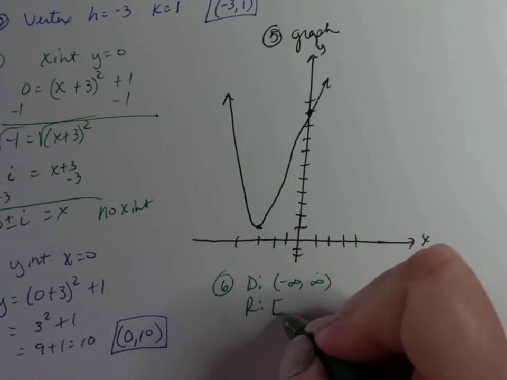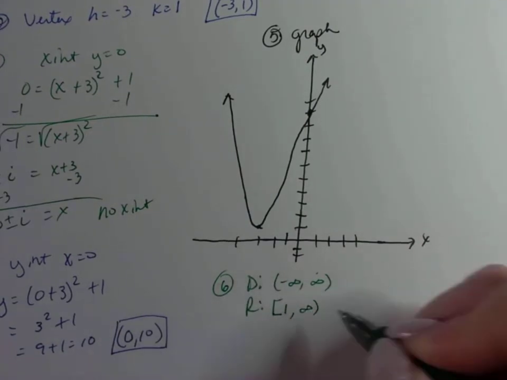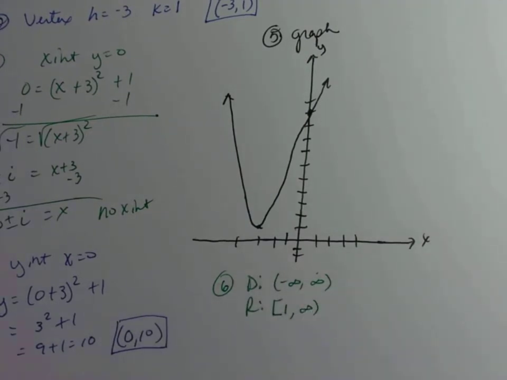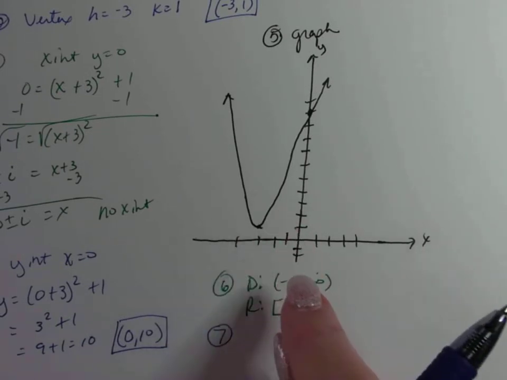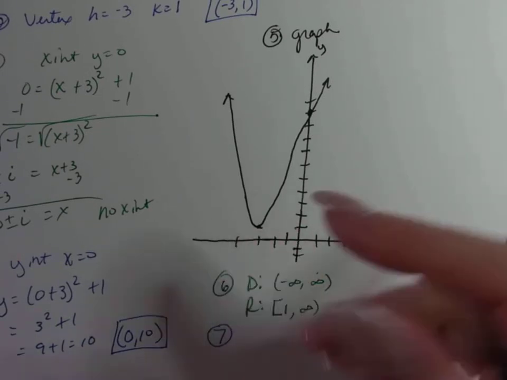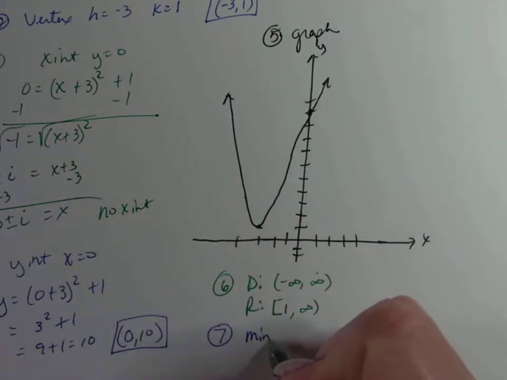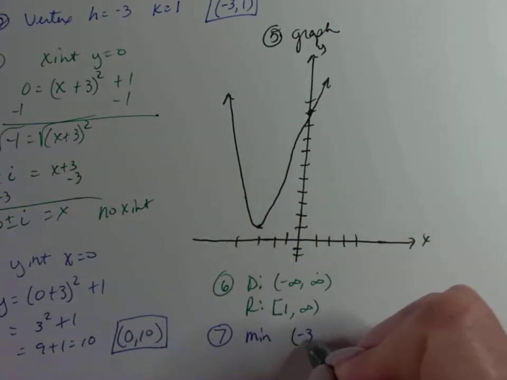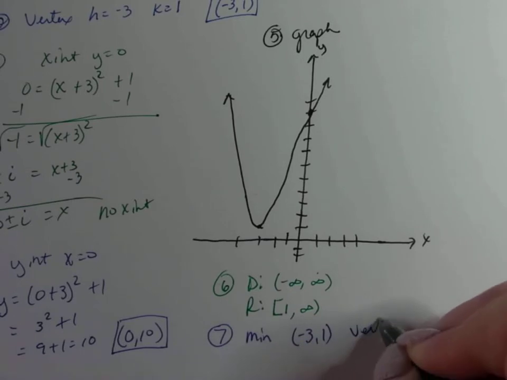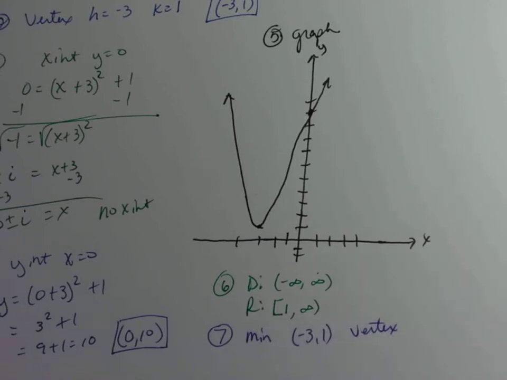So it will be bracket 1, because it includes it, and infinity. And then for our value, the last one was a max, because it hit the high point of the graph. This one hits the low point, so this will be a min, and it will be (-3, 1), which we understand is also our vertex.